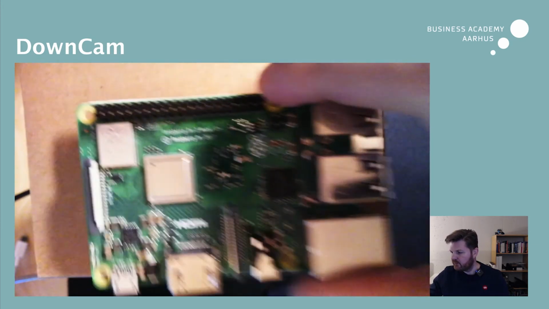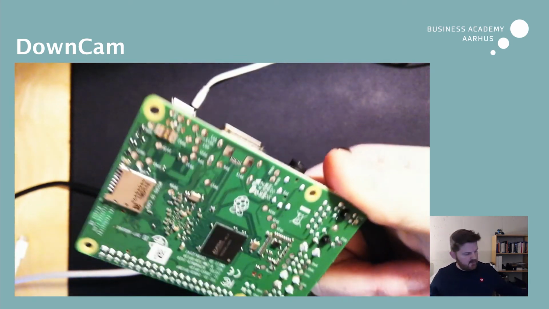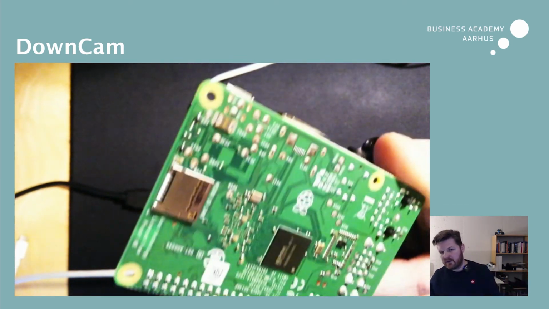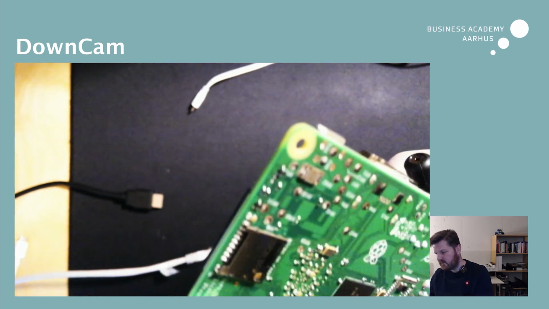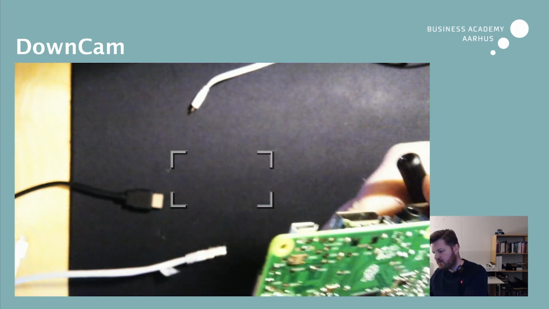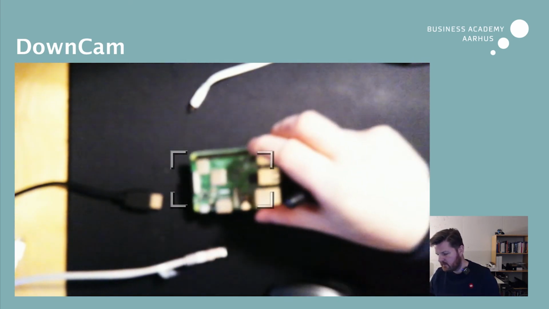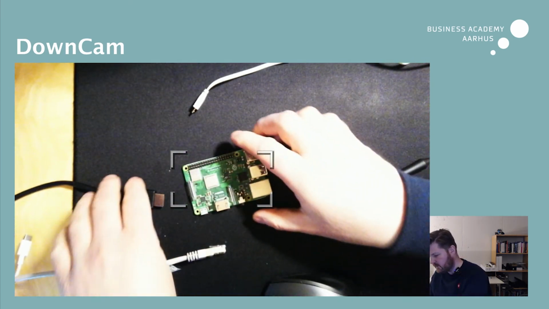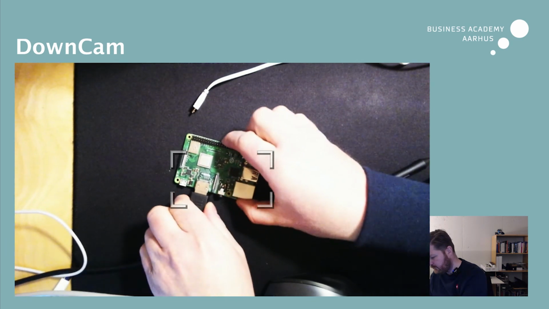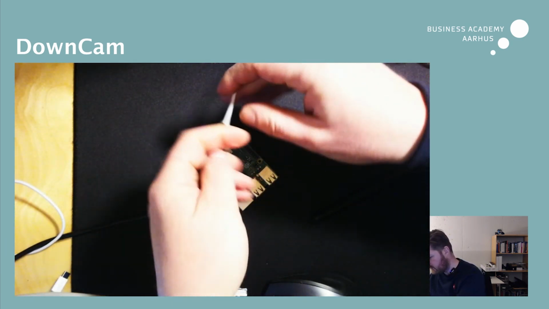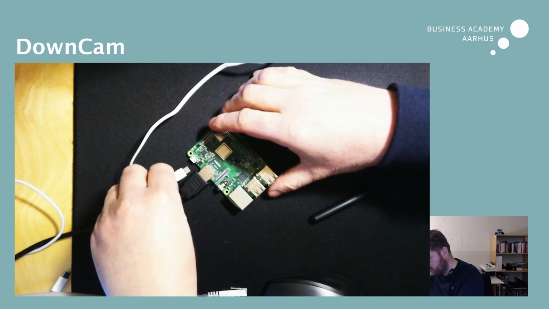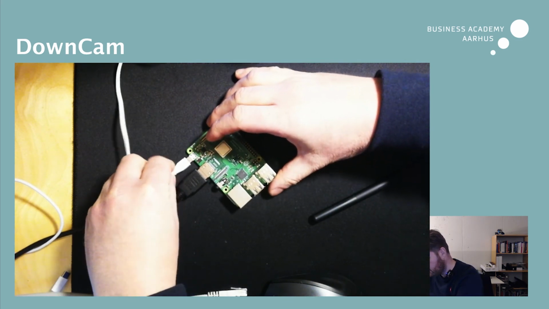But if we turn it around on the back here, we can see a little place for our SD card. So let's mount the SD card inside the connector, and let's get it connected. And remember not to turn on the power before everything is connected.